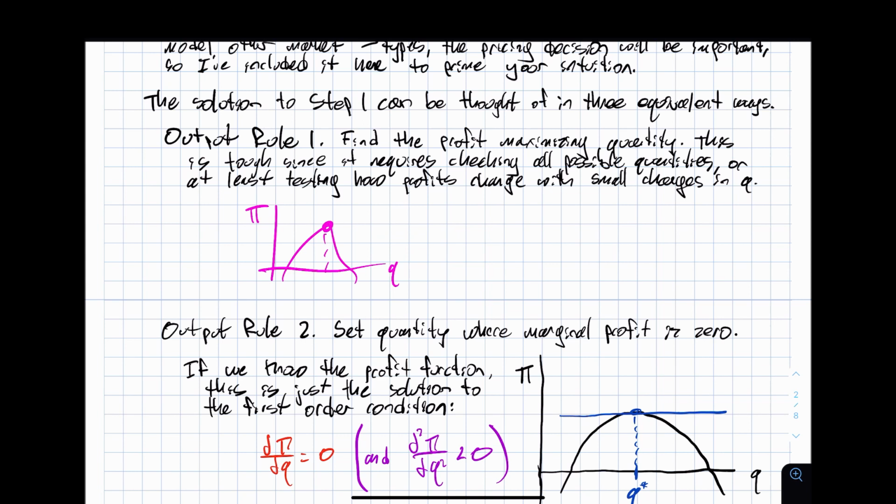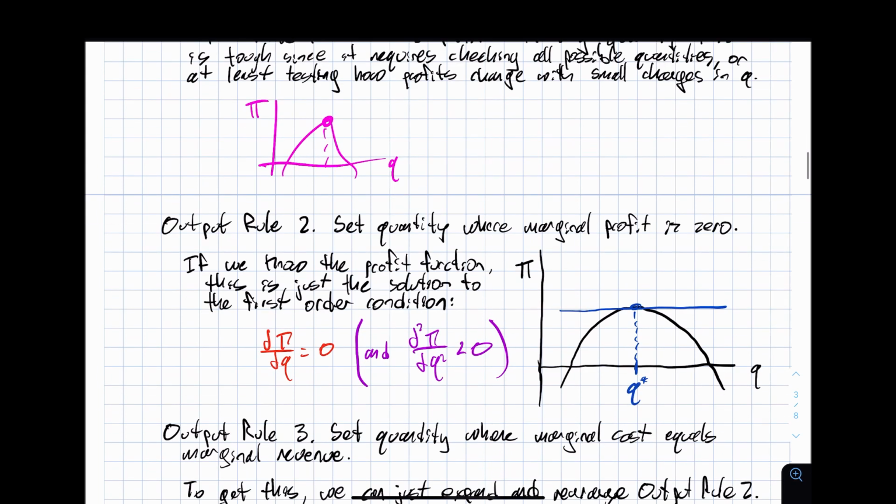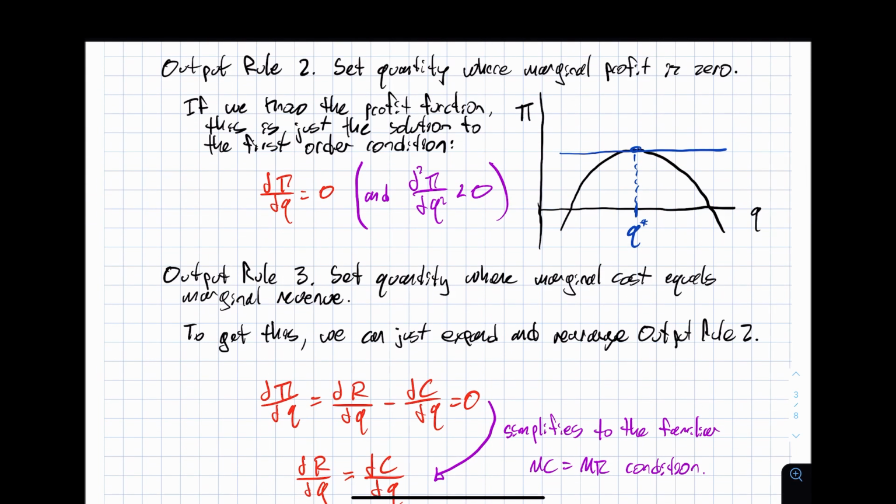If you have a table that lists out all the profits, you can just find the one that's maximum. But if we know what the profit function is, we have a much more efficient way of characterizing profit maximization. And that's with the derivative.